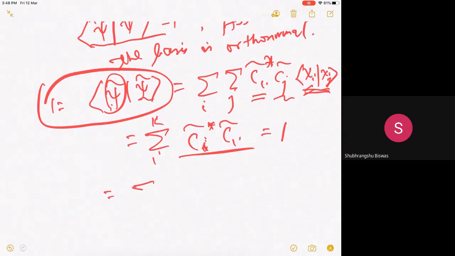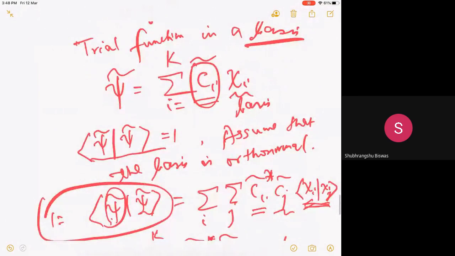So sum over I equal to 1 to k, mod Ci tilde square equal to 1. Is it clear? So in an orthonormal basis, if the norm is equal to 1, it means that the squares of all these, if I sum, will be equal to 1.